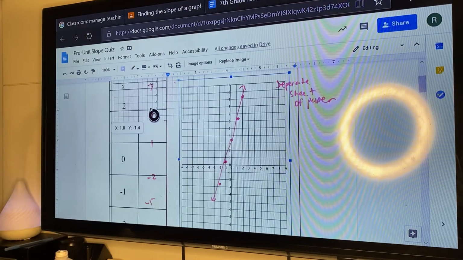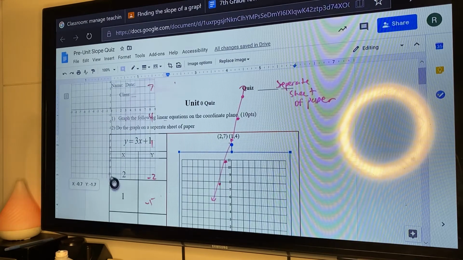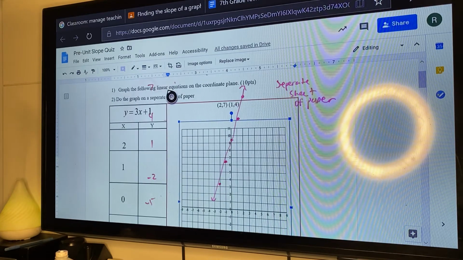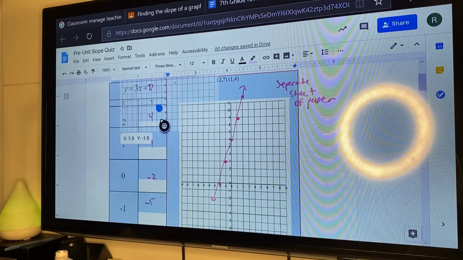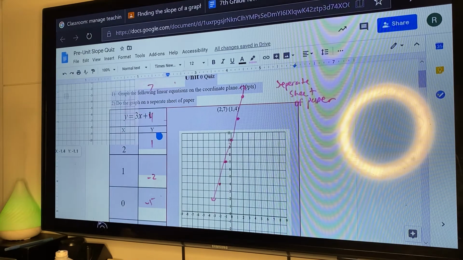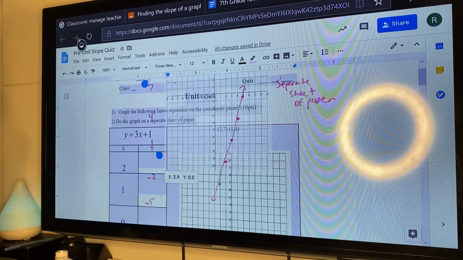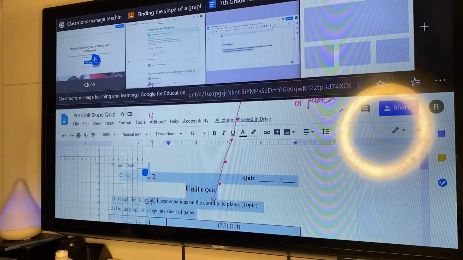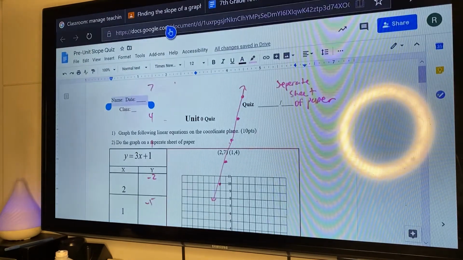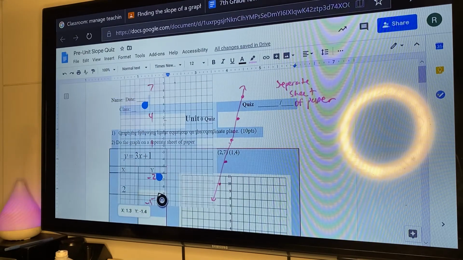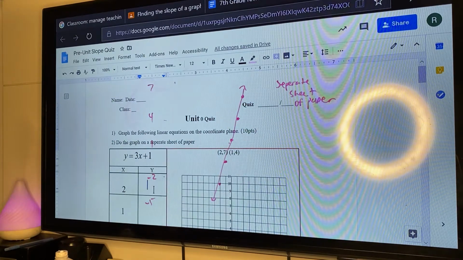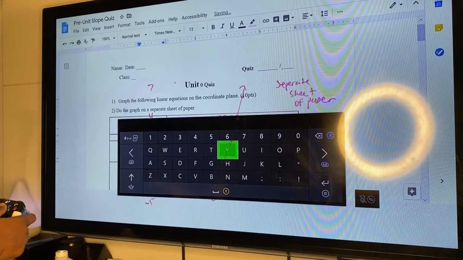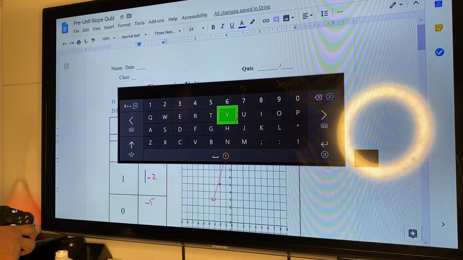Okay, perfect. So again, this is 7, so you just insert it here. Here was 4, right?